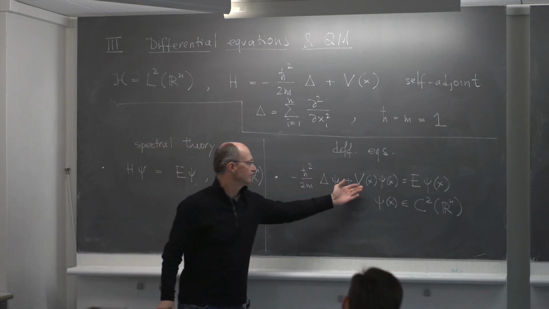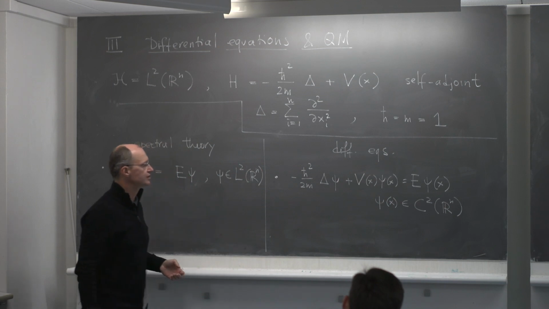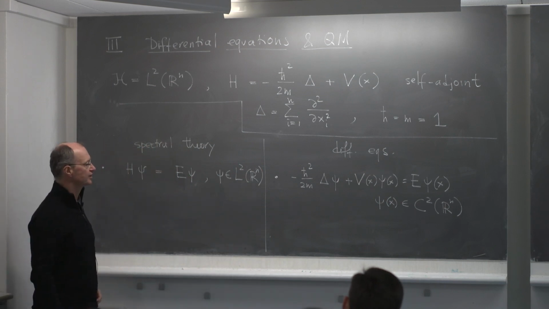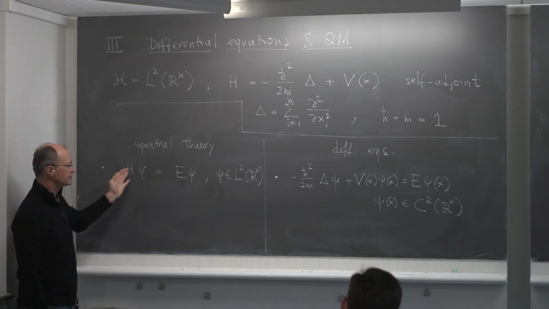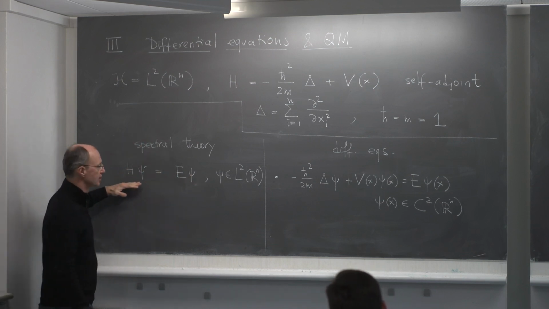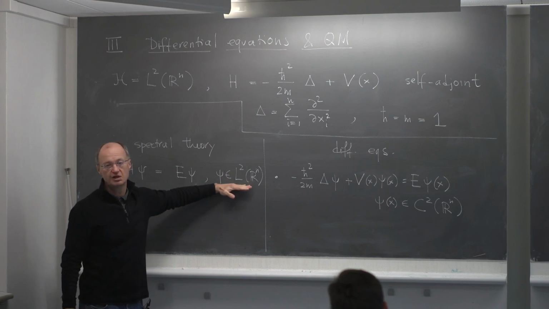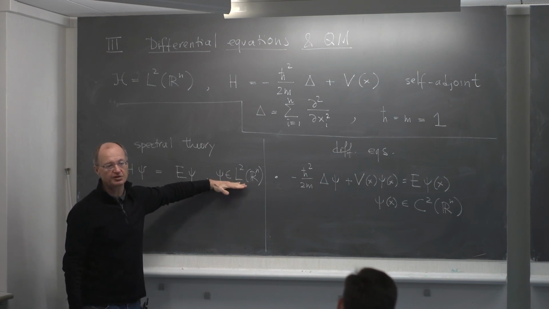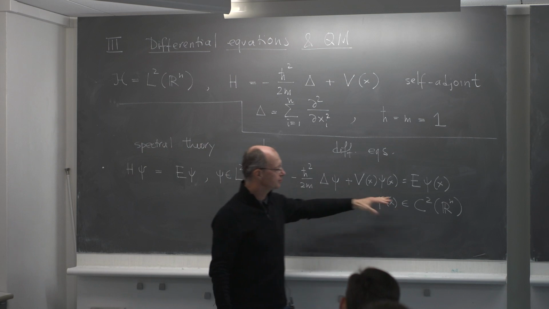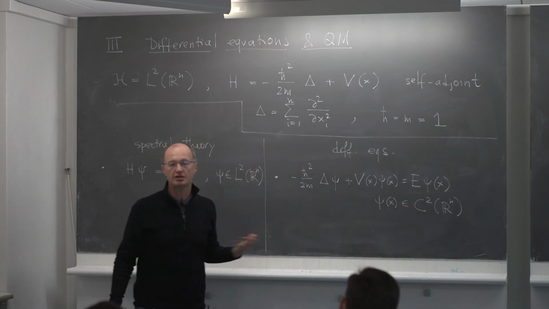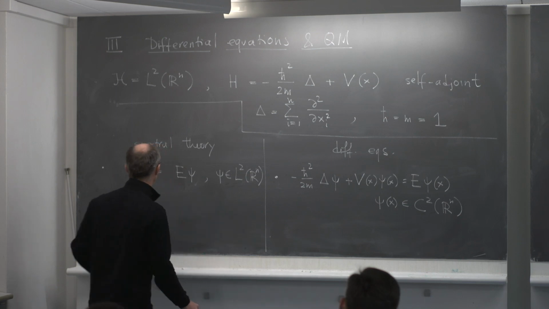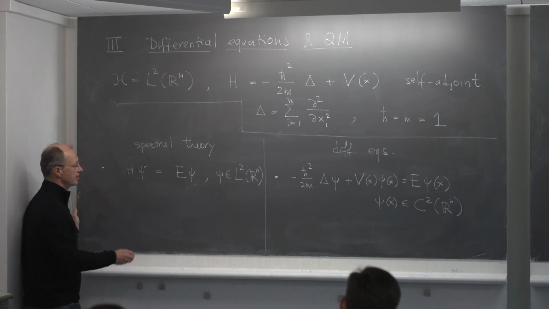If V is continuous, then it's reasonable to ask for psi to be in the class C2. So note that there is a difference between these two problems. This problem is in L2, or maybe in the domain of definition of H. This problem is in a different class of functions. And this might be relevant for the outcome. So we'll see it in some examples in some minutes from now.